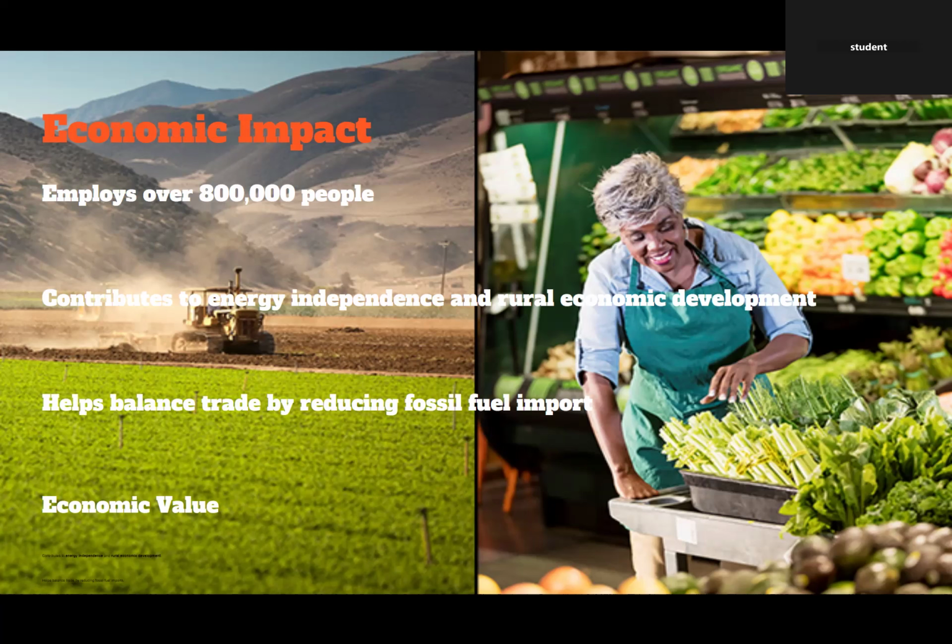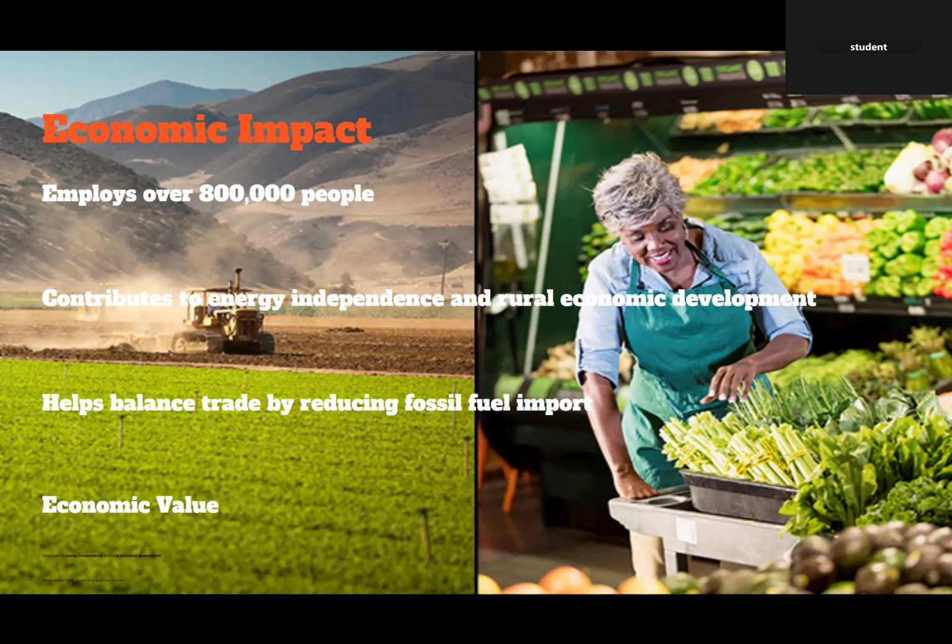This means that a town that creates this sugarcane ethanol can depend on this energy without having to depend on others, which means rural economic development. Usually where these are grown is a more rural area, so they can depend on this source of energy. And also, it helps balance trade by reducing fossil fuel imports.